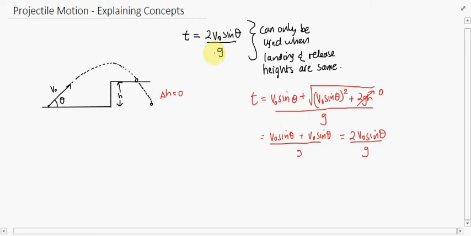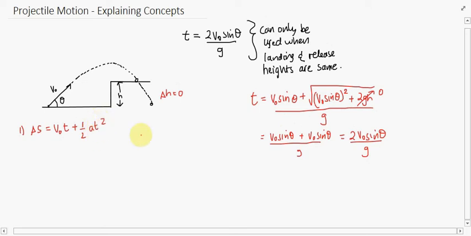So you can see it's the same thing, but this becomes a lot more useful when there are changes in release and landing heights, since it factors in the change in height. Again, even this simple formula comes from one of our fundamental formulas, which says that the change in height is equal to initial velocity times time plus 1/2 a t squared.